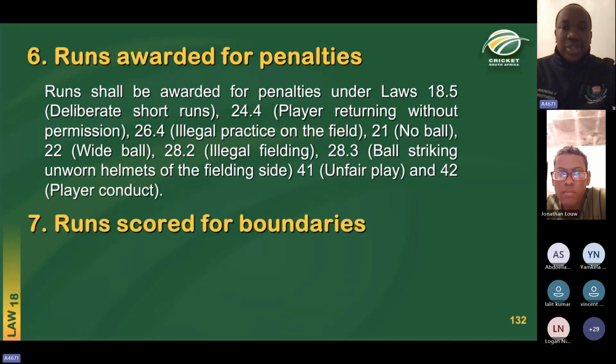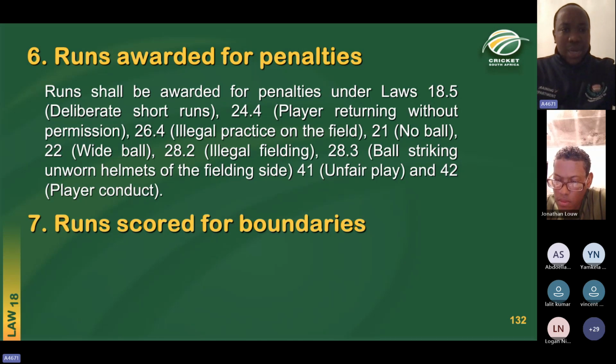When a player returns to the field without permission and comes into contact with the ball, then 5 penalty runs will be awarded to the batting side. When there is illegal fielding by the fielding side, 5 penalty runs will be awarded to the batting side.